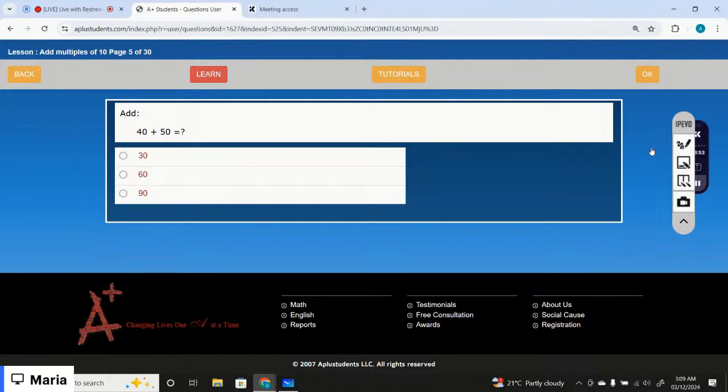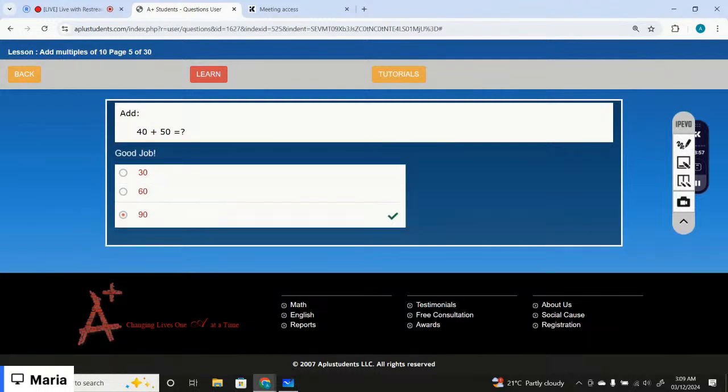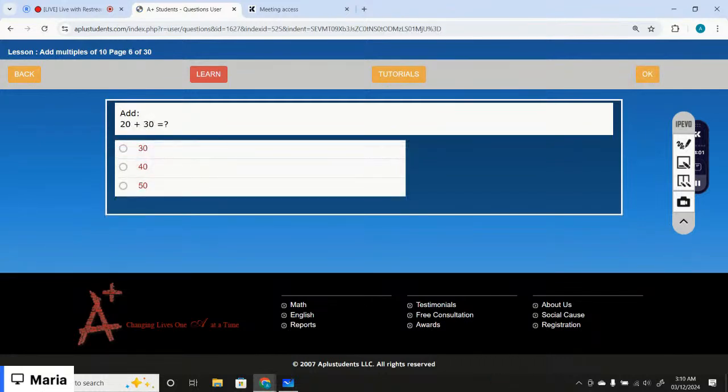That is 90. The correct option is 90. 30 plus 20, which is the correct option? That is 50. The correct option is option number 3.